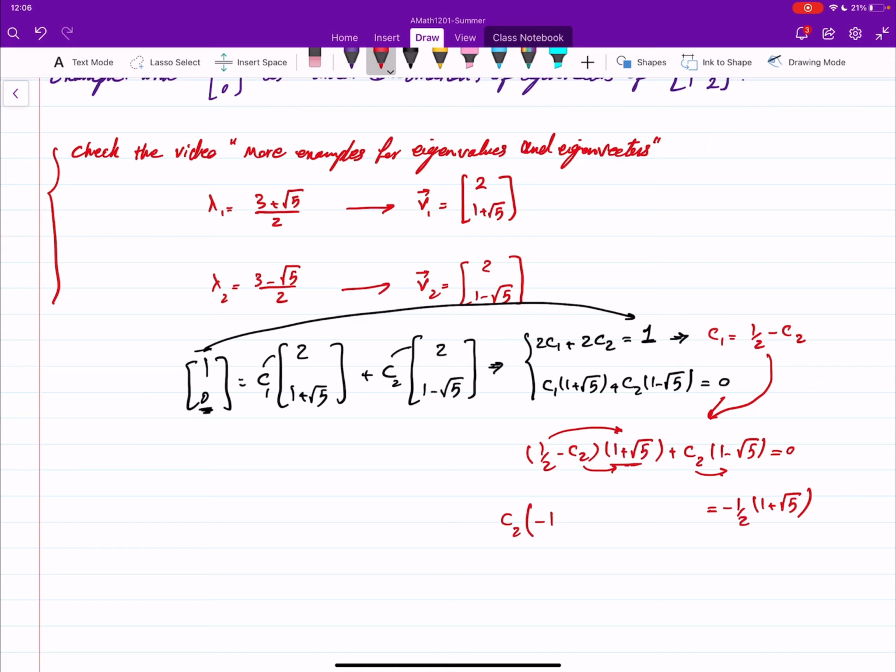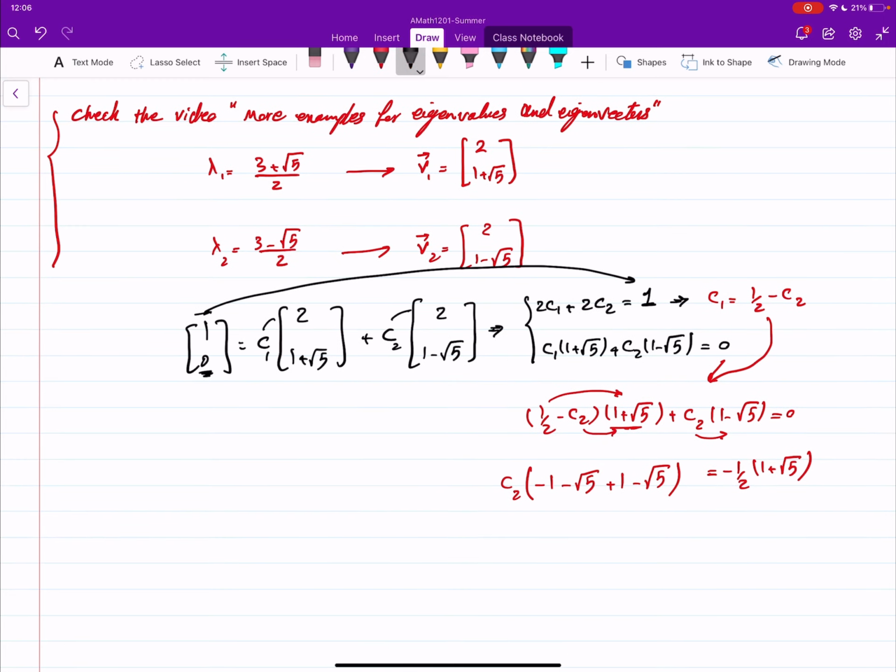So minus C2 times (1 plus root 5) is minus 1 minus root 5, plus 1 minus root 5. That's what we get there. So 1 and negative 1 cancel. So C2 times negative 2 root 5 is equal to negative half times (1 plus root 5).